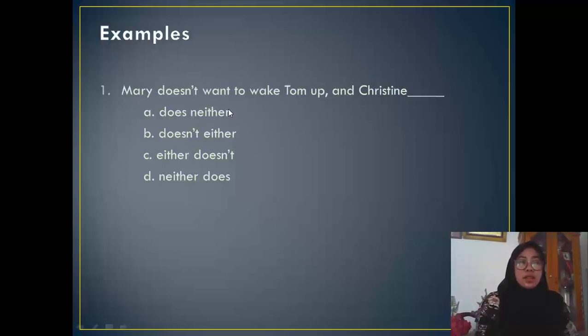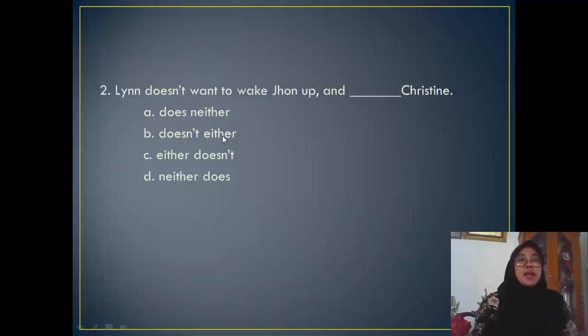Okay, A, does neither. No. And then doesn't either. Yeah. The answer is doesn't either. Why? Because Christine is singular, so the auxiliary is does, then not, and after that either. So the answer is B, doesn't either. Next: "Lynn doesn't want to wake up John", and here we move Christine behind the sentence.